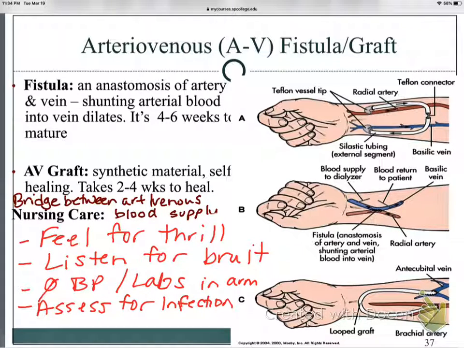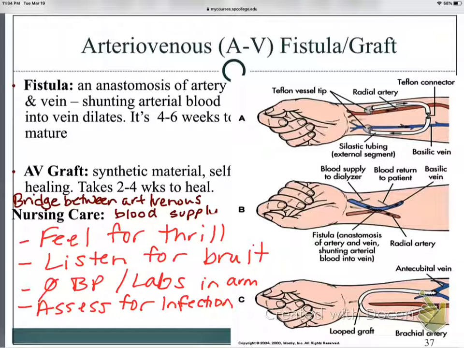It's usually in the upper forearm, and they use a basilic or the cephalic vein to do this. The fistula allows blood to flow through the vein. As the vein becomes arterialized, it increases in size and the wall gets thicker.